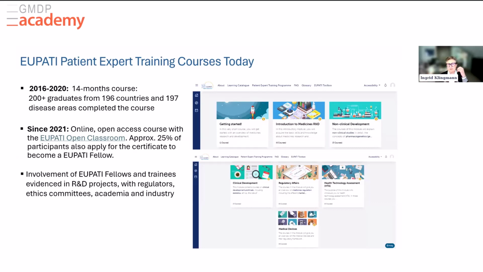It's very cheap. It's a very little fee to go through those course modules. And those who want to do the full course can then apply for getting also into the 2 face-to-face modules that are part of that course. And then at successful completion of the course are then becoming a UPATI fellow.